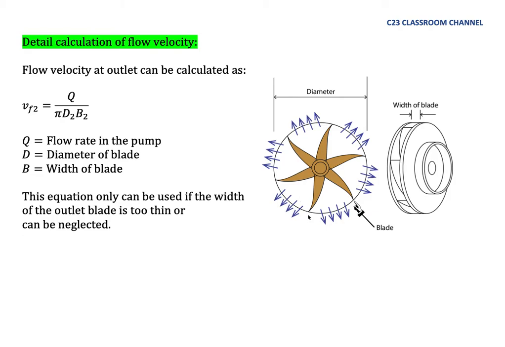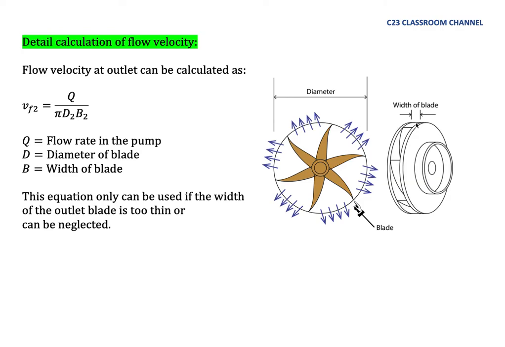And then because the tip here creates a very thin area at the exit, the area that water flows out through is actually 2 pi r, the perimeter of this impeller, times the height of this one.